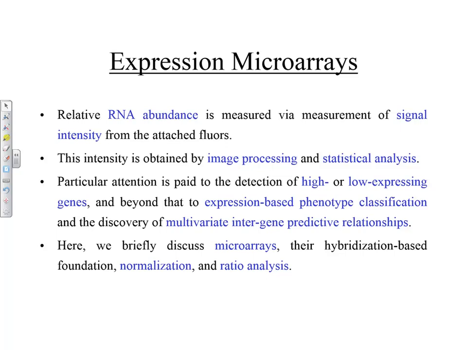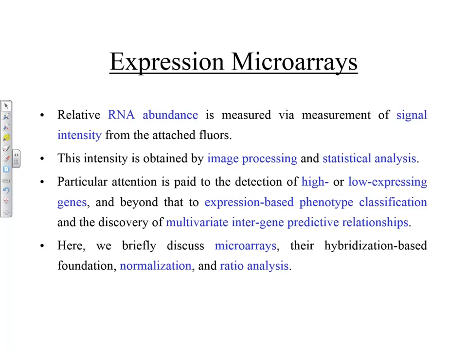Then you might need normalization because you might have a red channel and a green channel, two different ones. The way you've prepared the two different samples, there might be variation there. On top of that, even the laser that you're using, maybe the red laser is twice as powerful as the green laser. In that case, if you see an intensity in the red laser that is 2, that should correspond to an intensity in the green laser that is 1.